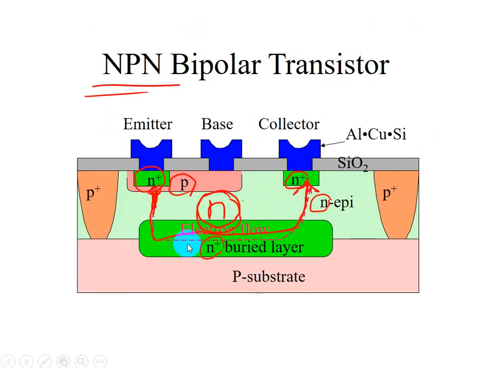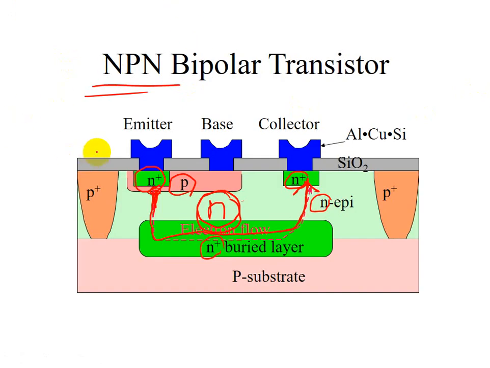The mechanism of how the bipolar junction transistor operates is a complicated process. Basically, the structure is similar to the one over here.